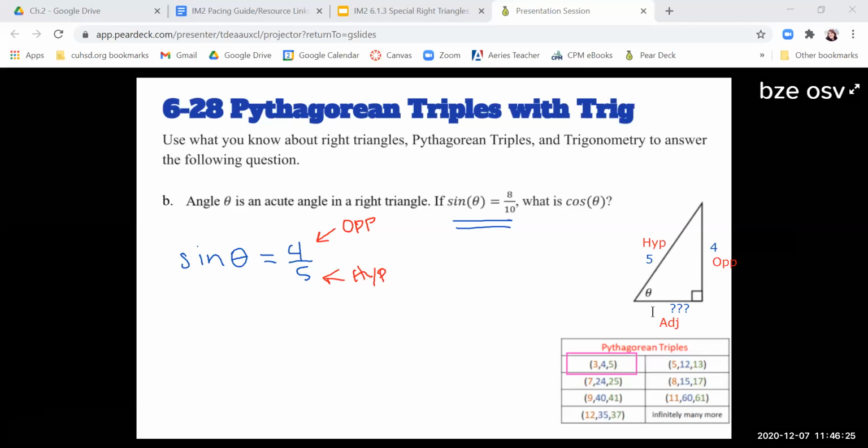So let's type that in. There's a 3. And now that we know it's 3, 4, 5, we can find the cosine. The cosine will now be adjacent over hypotenuse, which is 3 over 5. So the cosine of our angle is 3 over 5.